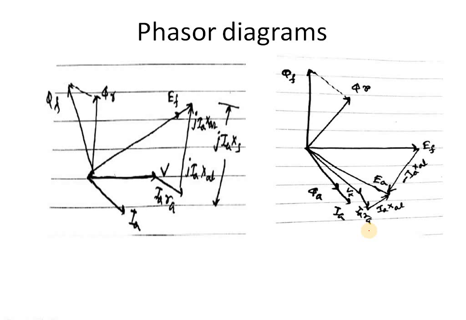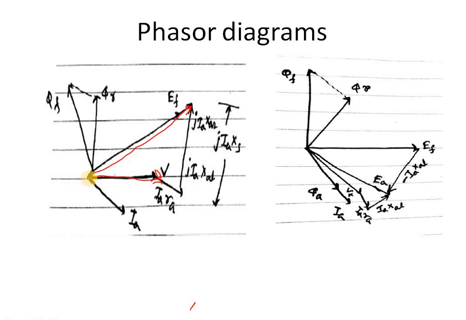Now, this is the phasor diagram. Let us consider this is our voltage V, and this is the field EMF EF. This is the flux, where phi R is the resultant flux and phi F is the field flux.